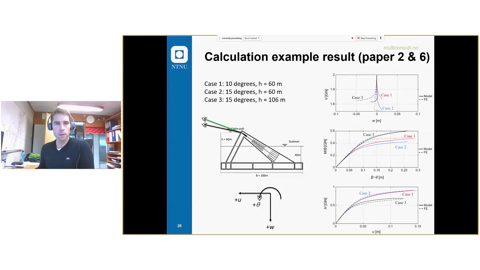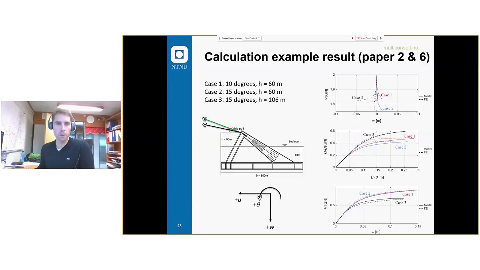We did a calculation example. We just took an anchor block calculation case, and we tested our macro model against a finite element program, and we had, I would say, a very good match. In geotechnical terms, it's a very good match compared to the FE code.